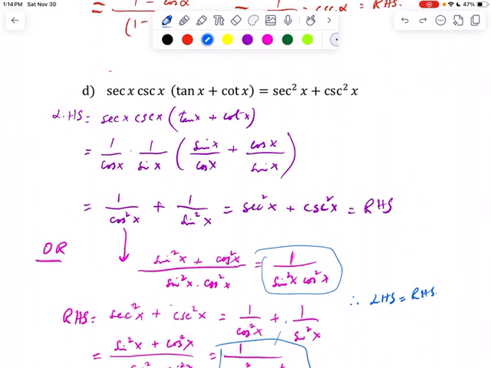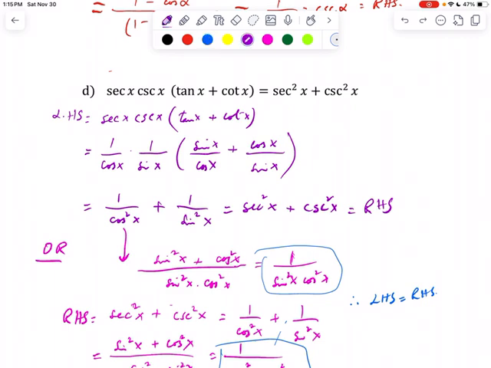So left hand side is given here, so I'm now converting everything into sine and cosine. So secant is 1 over cosine, cosecant is 1 over sine, and then inside, tangent is sine of x over cosine of x plus cotangent is cosine of x divided by sine of x.